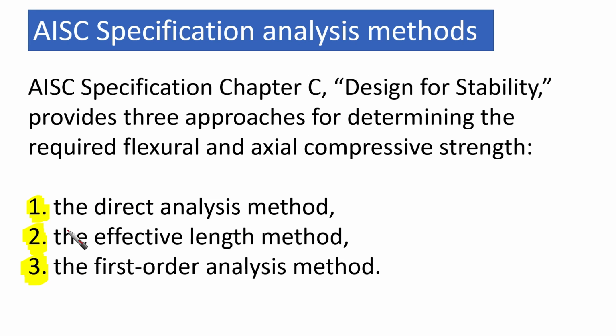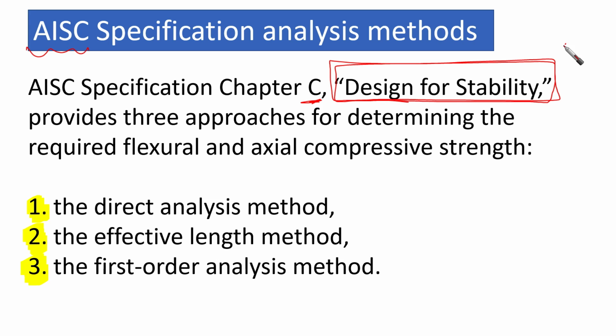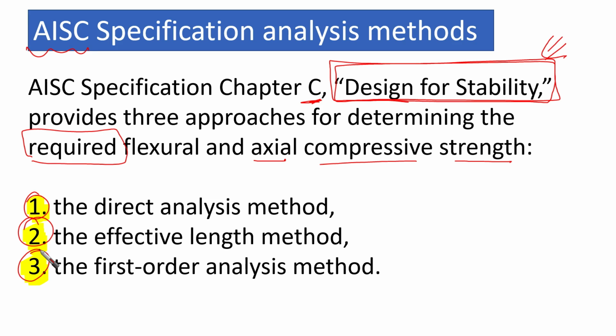So let's go now to the code specifications for analysis methods, and to the part that is related to us and the scope of our work here. AISC Specification Chapter C, Design for Stability, you can have a look at it. It's a very important chapter and many people overlook it. It provides three approaches for determining the required flexural and axial compressive strength.